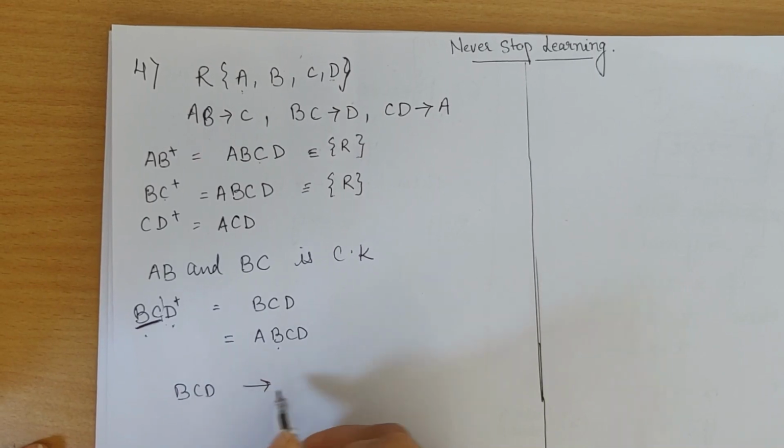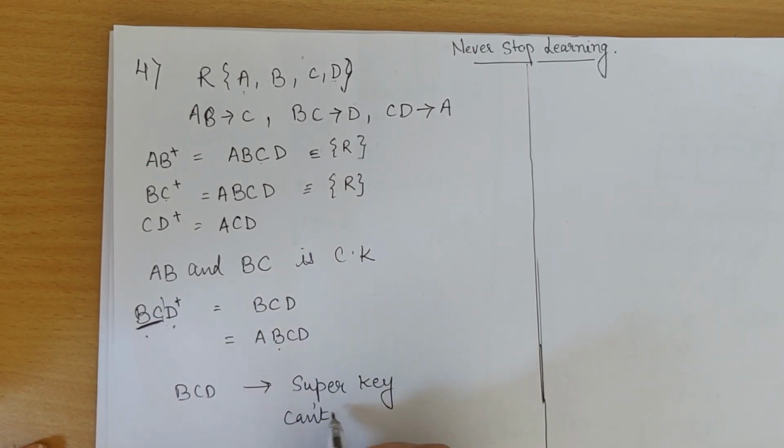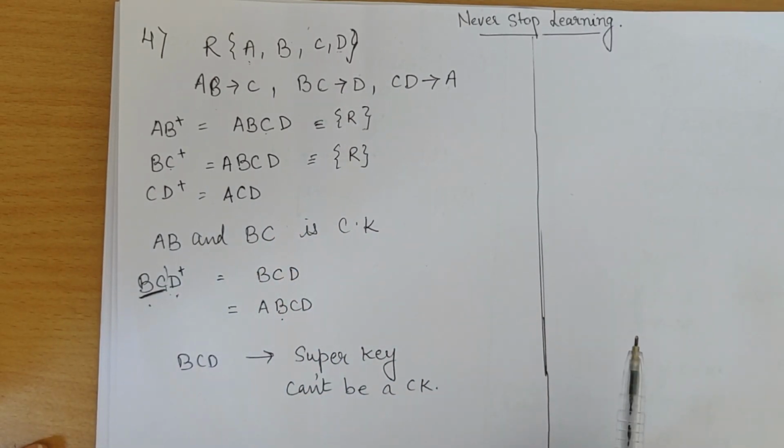BCD can be a super key, but BCD cannot be a candidate key. Why? Because this is not minimal anymore. Minimal means what? Alone BC makes a candidate key. If we are adding any new attribute, it becomes a super key and not a candidate key.